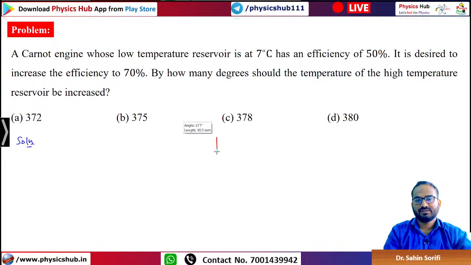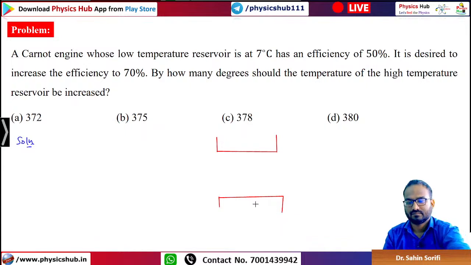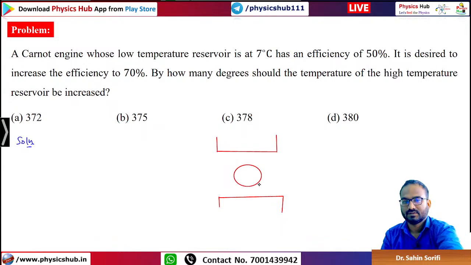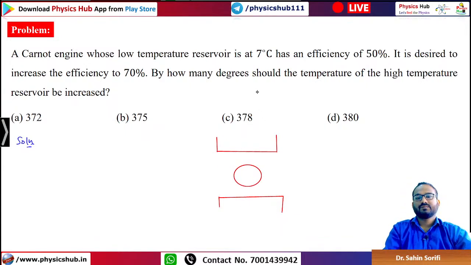We have been given a Carnot engine whose low temperature reservoir is at 7 degrees centigrade. So here T2 is the low temperature, 7 plus 273 Kelvin.